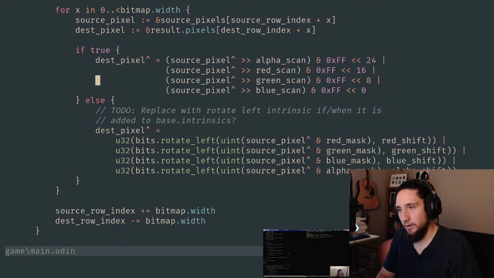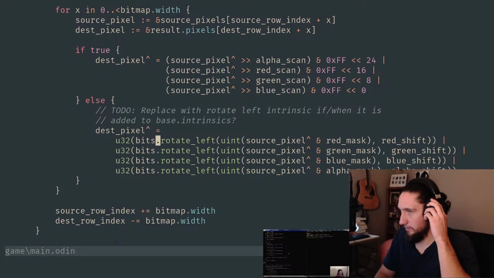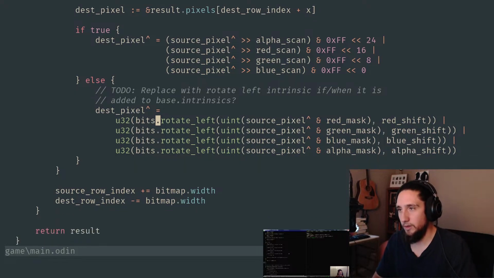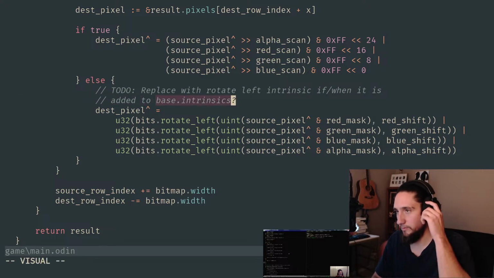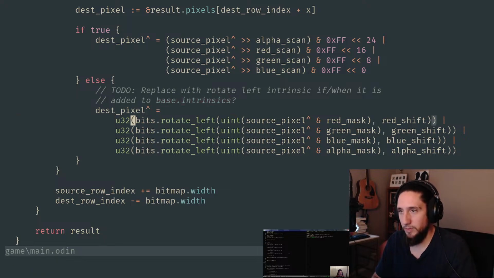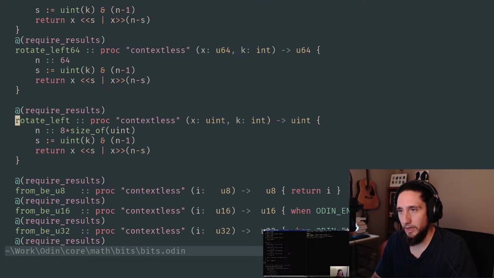And then down here, use the rotate left intrinsic, but that's not what I'm able to do in Odin. So I actually don't have this code enabled, and I have this to-do in here to remind myself that if they add the rotate left intrinsic to the intrinsics package, I can use that instead of this bits call that I have now.